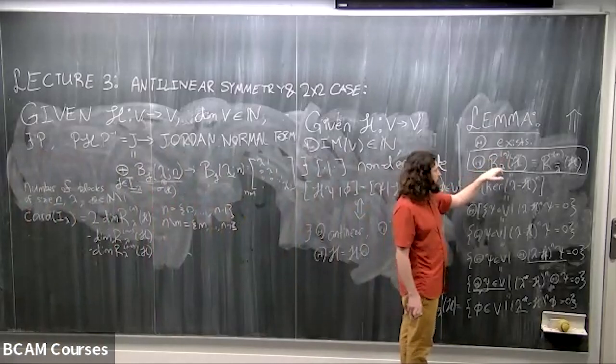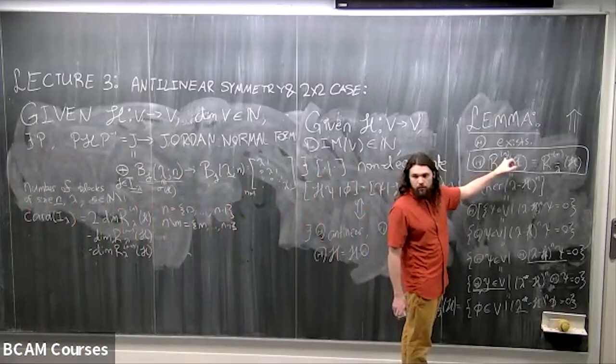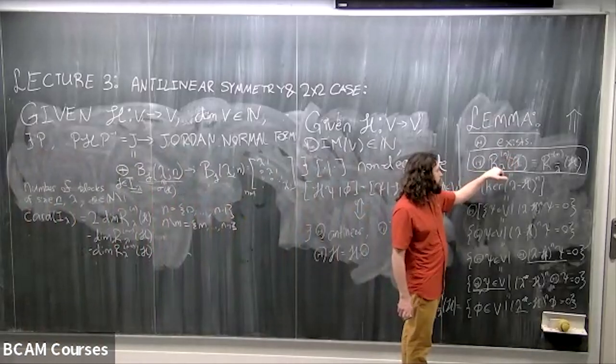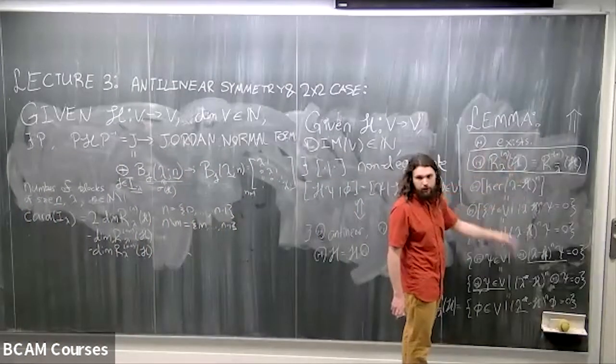Because this root subspace is a union of all of the generalized eigenvectors of rank less than n, to make sure that you didn't accidentally get one of those, you have to subtract those out.